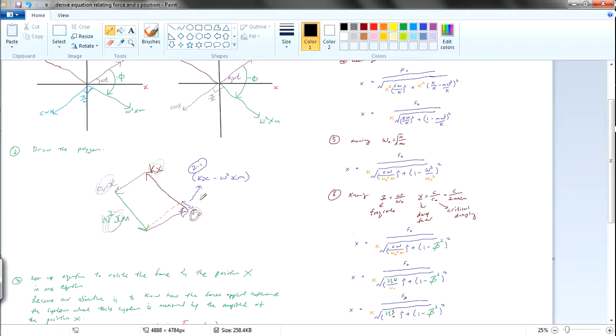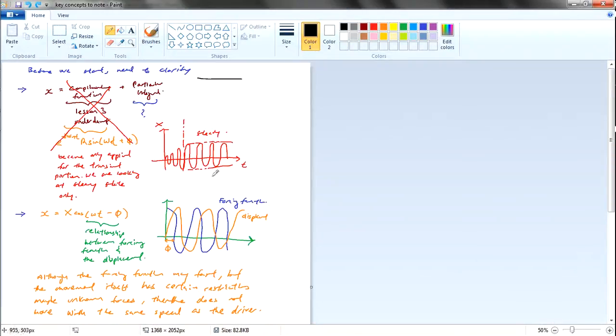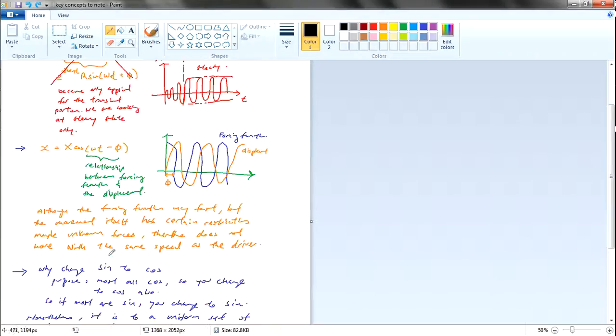So in order to fully relate, you have an angle, because you have a phase shift, which is explained not very logically. So the forcing function is this one, while the displacement vector is moving a phase behind the forcing function, because of other unknown forces that may be lost during the process.